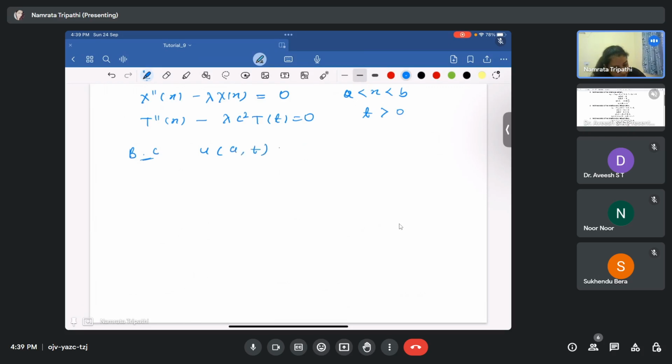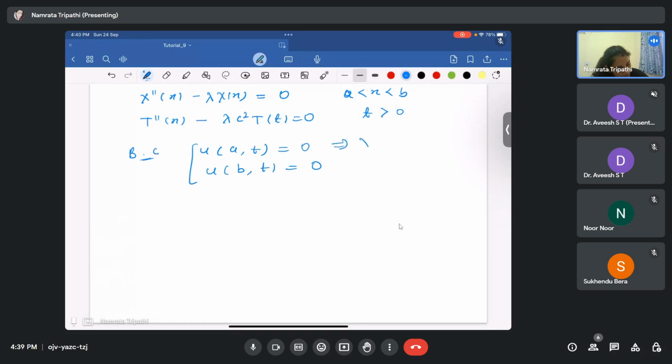Suppose a boundary condition is given, u(a,t) is 0, u(b,t) is 0, or some expression is given, and you can apply it. That implies X(a) is equal to 0, and from here you will learn these things maybe in your next lecture.